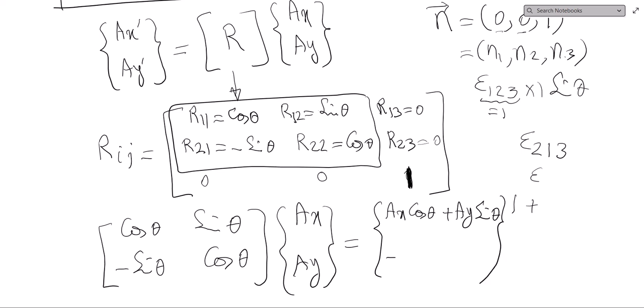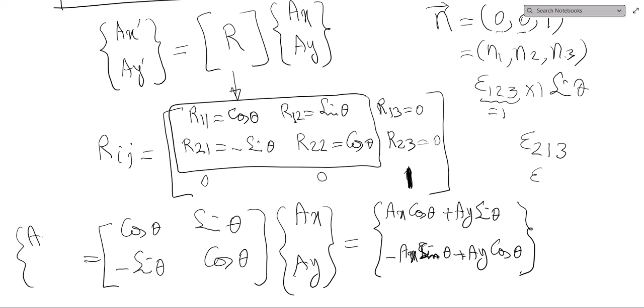And then I get minus a_x sine theta plus a_y cosine theta. So this will be my new components, which are a_x prime, a_y prime in the rotated coordinates.